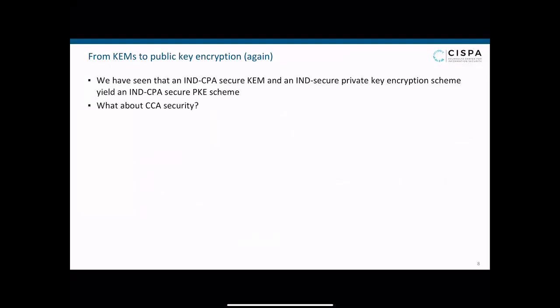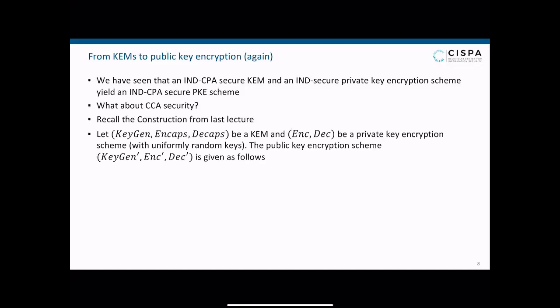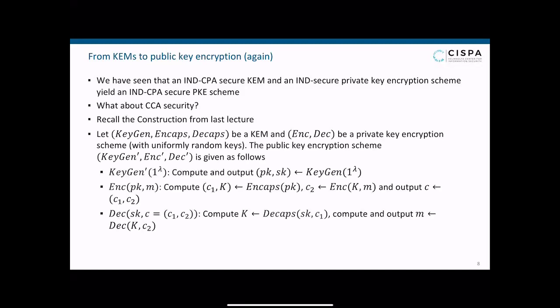So now the natural question is, what about CCA security? Does this work in the very same way? The answer will be yes, given that the primitives that we use have the proper security.